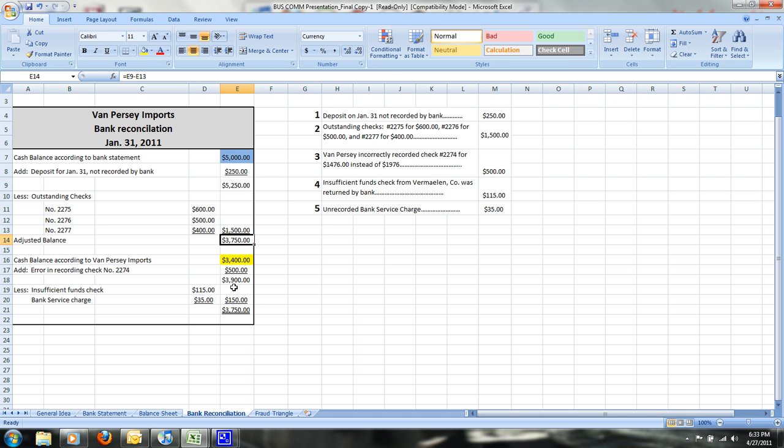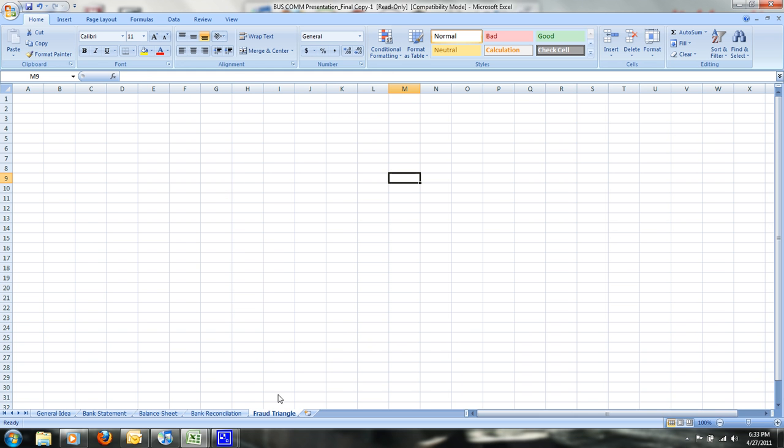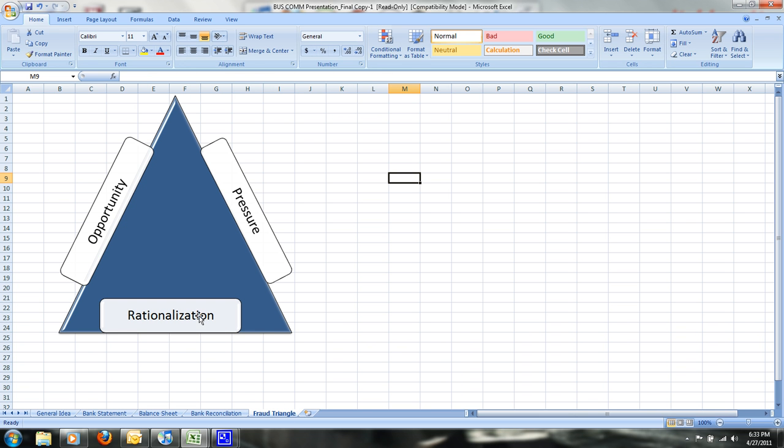Whenever you're talking about bank reconciliation, it's a good idea to talk about internal controls. There's fraudulent activity that often occurs in this area when there's not good control in place, and the one that pops out in my mind is segregation of duties.